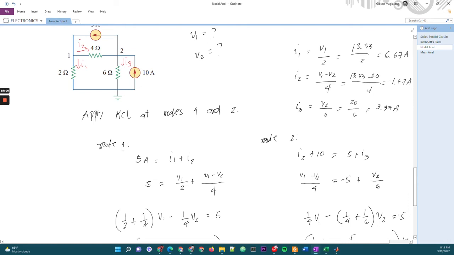That means that the current flows in the direction opposite sa gi-assume natin. Negative would mean opposite ang atong direction na gi-assume.